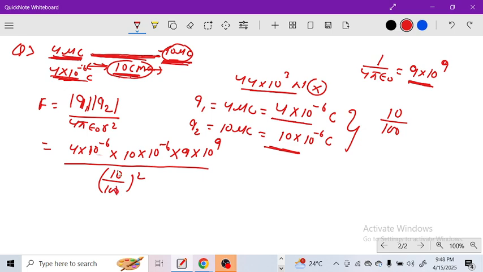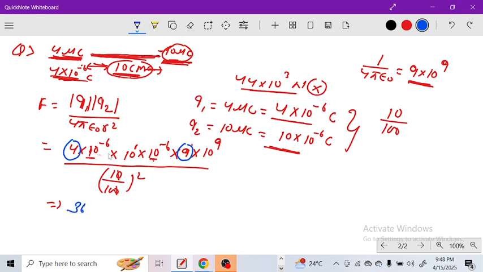Here the bases will be 10 raised to power minus 6, 10 raised to power minus 6, 10 raised to power 9, and here 10 raised to power 1. So multiply 9 into 4, Kavya, first. 9 fours are 36.